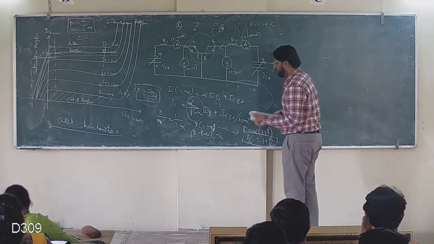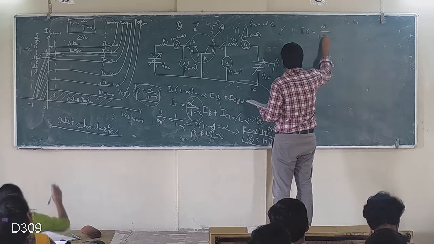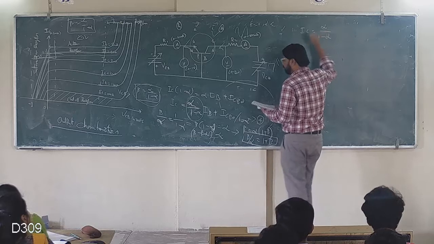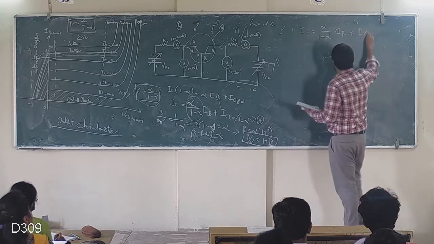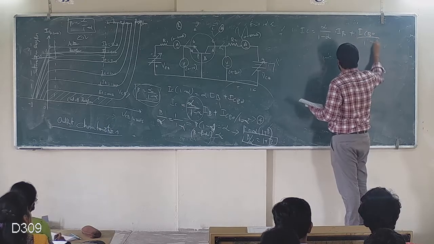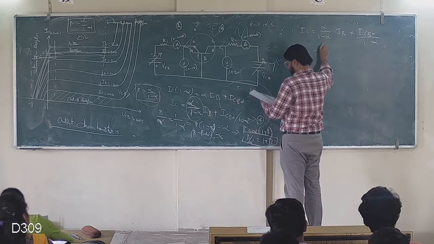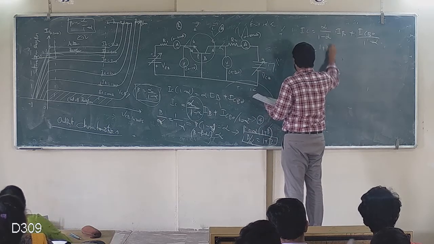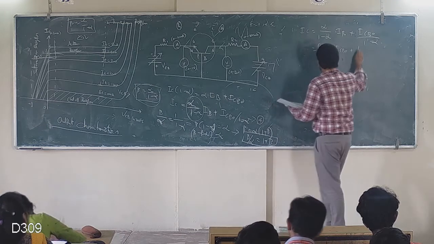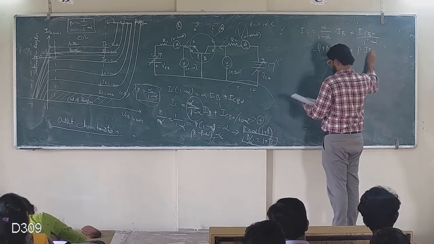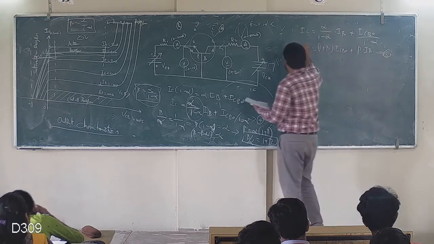IC is equal to alpha divided by 1 minus alpha into IB plus ICBO divided by 1 minus alpha. After rearranging this, you might have got (1 plus beta) into ICBO plus beta into IB, that is equal to IC.